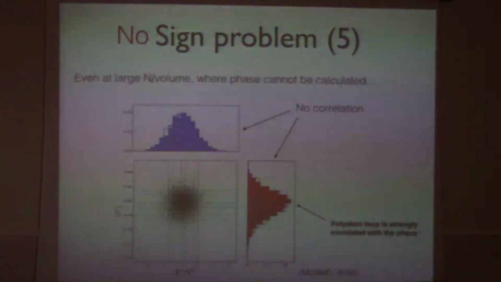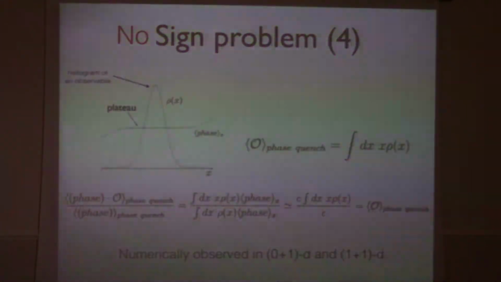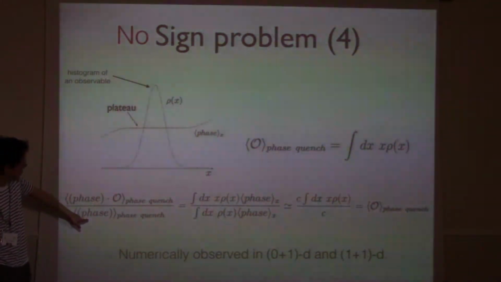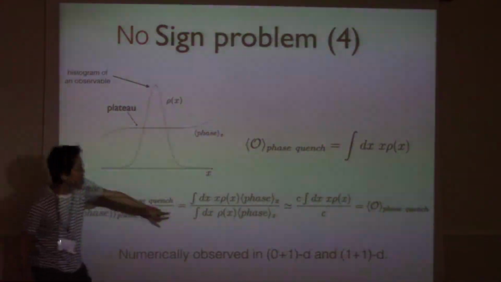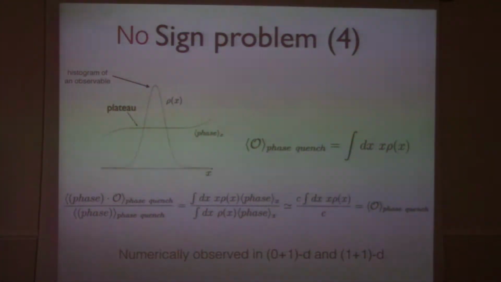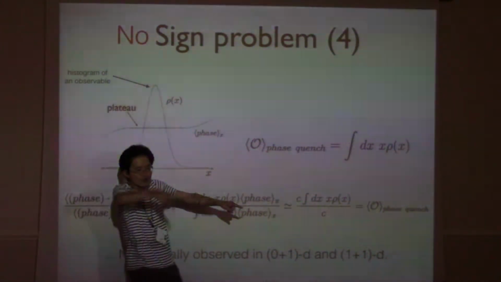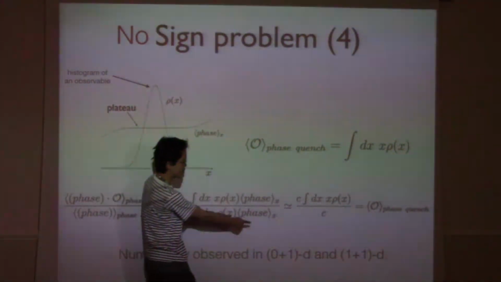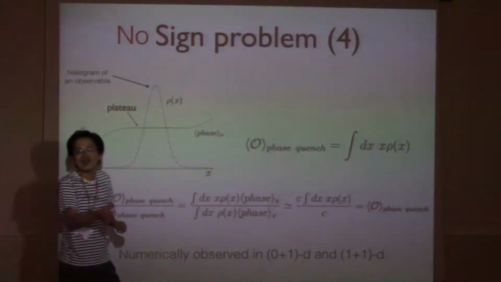Of course, we could do such a test, such a justification, only when we can calculate this quantity, the phase for a fixed value of the observable. If it becomes too close to 0, we cannot do such a calculation, and we cannot really check this is the case. If phase fluctuates too much, if this average becomes too close to 0, then the error becomes very big.